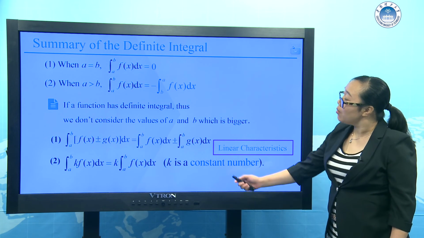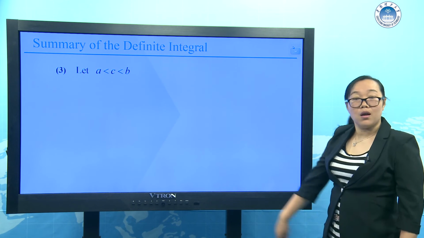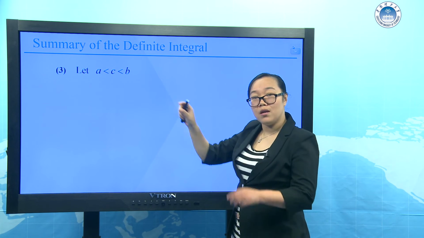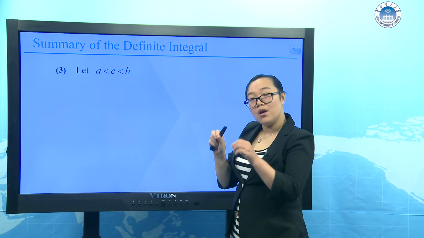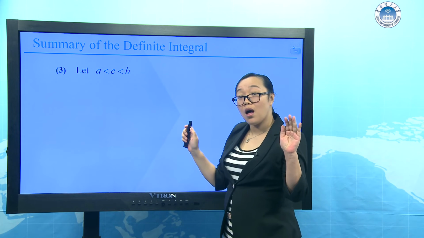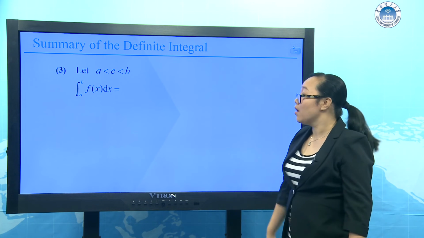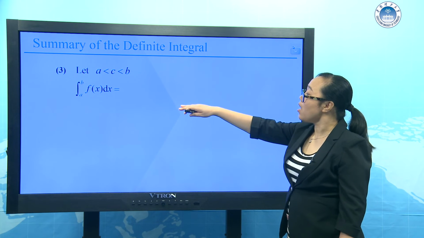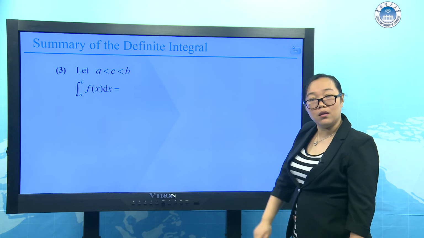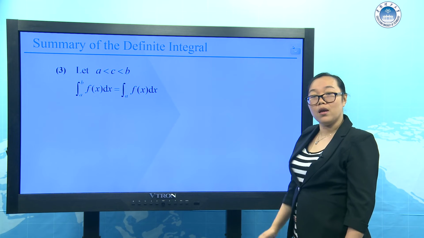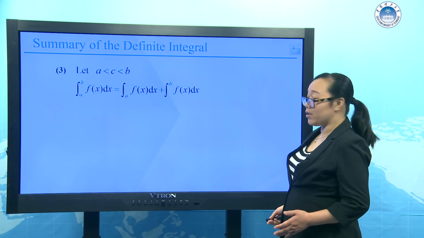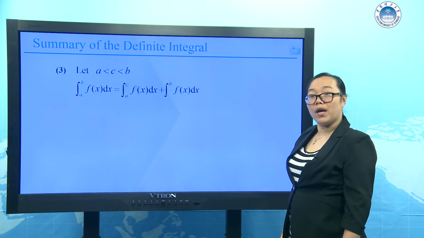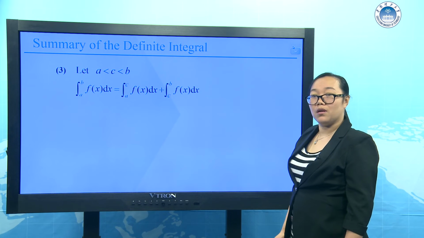So now look at property 3. If c is a number between a and b, how to write it? The definite integral from a to b of f(x) dx equals the integral from a to c plus the integral from c to b.